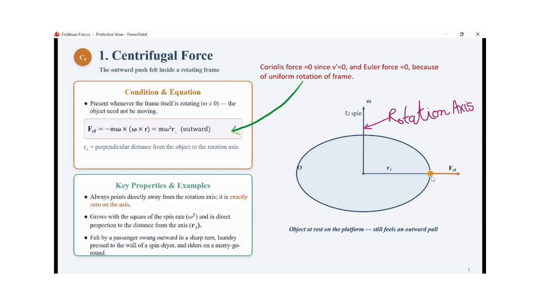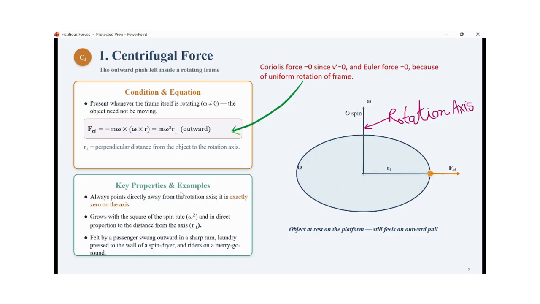The object is at rest, remember, and the Euler force will be 0 because the rotation considered over here is uniform rotation. So both these forces are 0 in this case, and only the centrifugal force is present, and its magnitude is m omega square r perpendicular, and the direction is radially outwards.